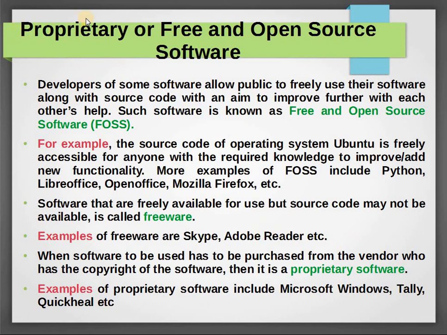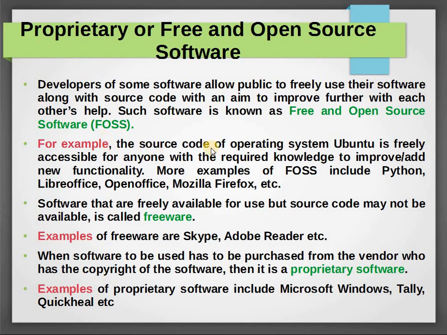The next categories of software are proprietary software, freeware, and free and open source software. We will study these briefly one by one. Developers of some software allow the public to freely use their software along with the source code, with the aim to improve it further with each other's help, and such software is known as free and open source software.